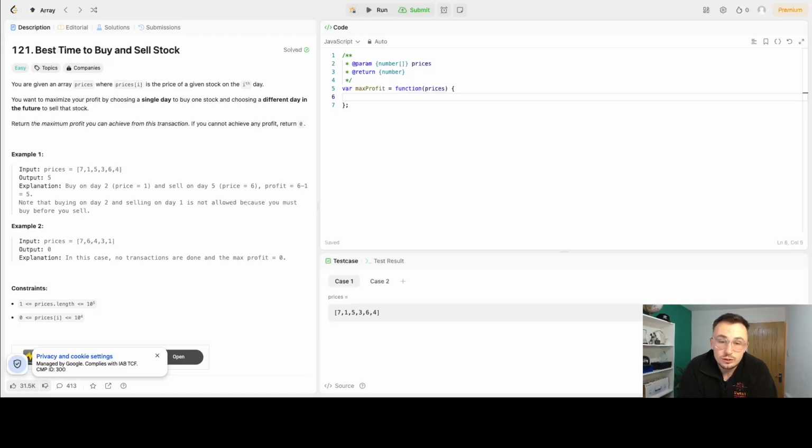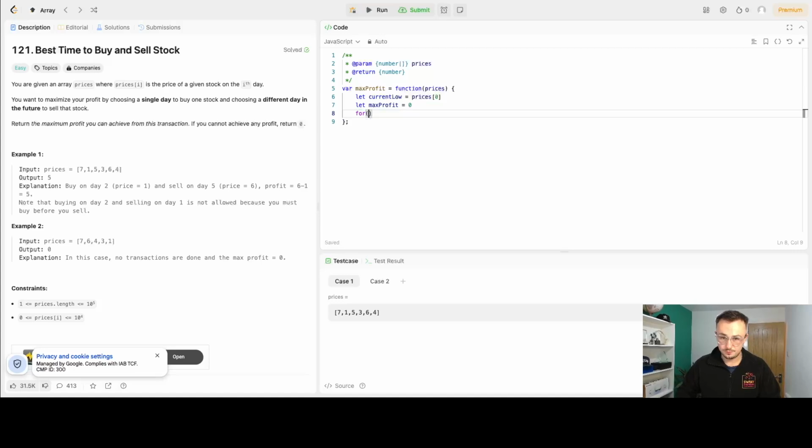If you followed along with the whiteboard walkthrough, then you should hopefully have a solution for this. So let's get started. So first let's set the current low, I'll say current low equal to prices[0], and I will set max profit equal to 0.